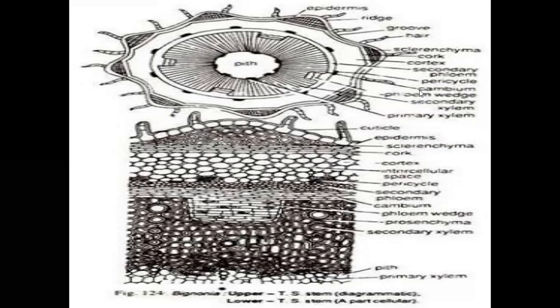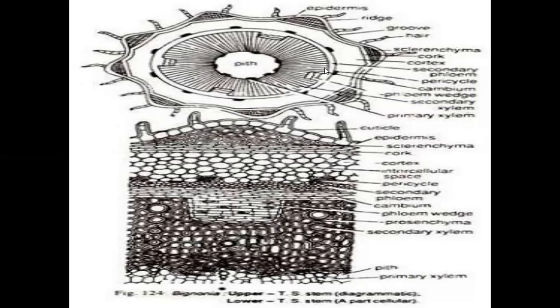What does abnormal mean? Below the vascular cambium, a less amount of secondary xylem is formed, and outside the vascular cambium, a large amount of secondary phloem tissue is developed. It is an abnormal character. Generally, what is the normal character?